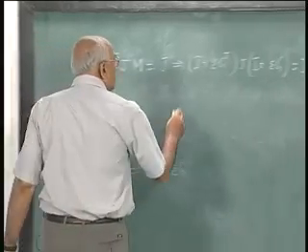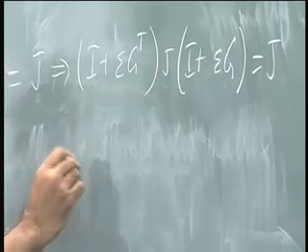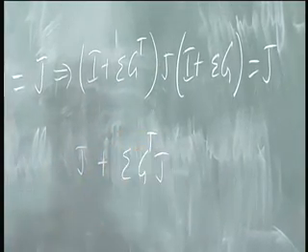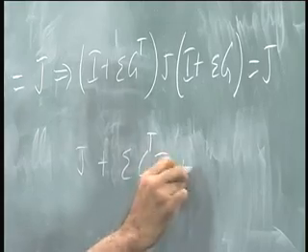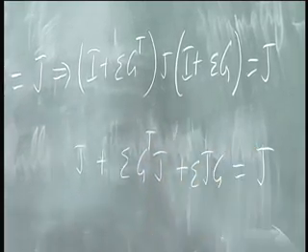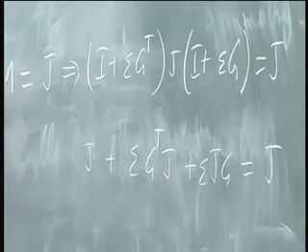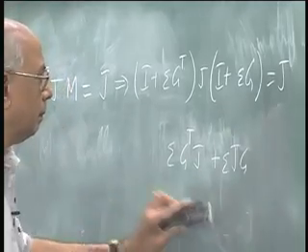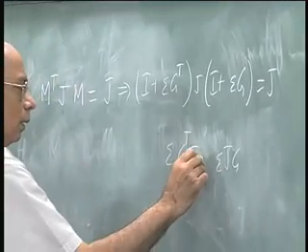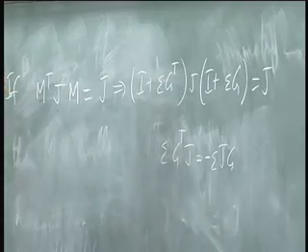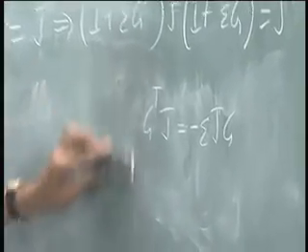So if you multiply this through, it is J plus epsilon G transpose J times I plus J epsilon G equal to J, dropping the epsilon squared term, and the J cancels out. And the epsilon drops out.